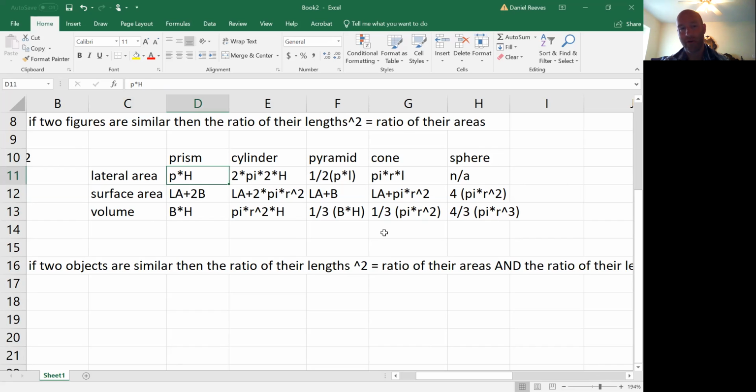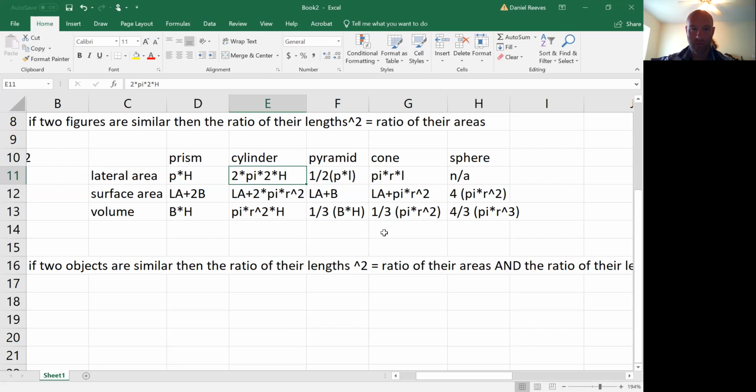The lateral area of a prism is the area of all the sides which aren't the bases, so all those rectangles. It is the perimeter of the base, not perimeter of the bottom, but perimeter of the base, times the height. And again, height is not just the distance from the bottom to the top, it is the distance between the 2 bases. If the bases are on the sides, it's the distance from one side to the other side.